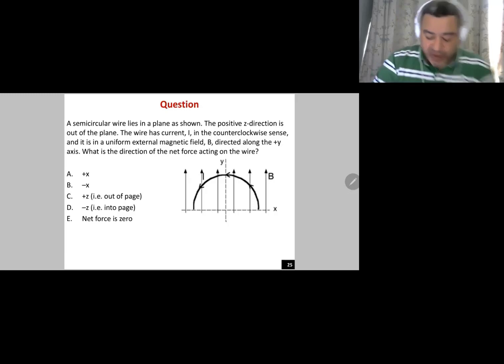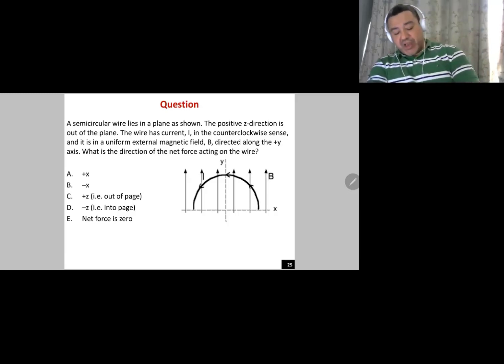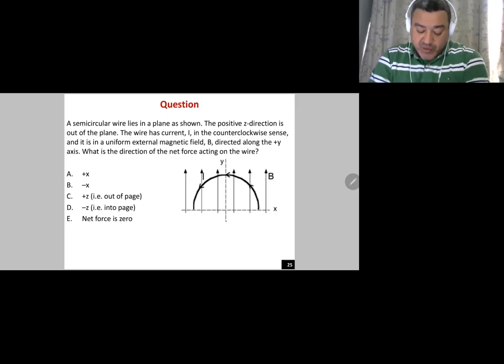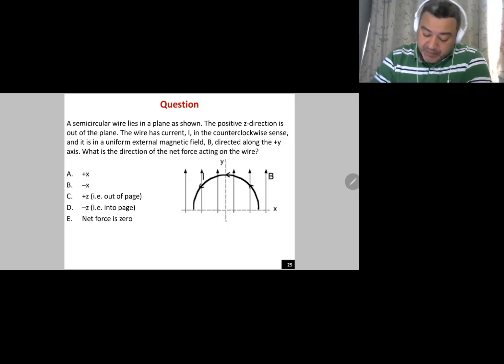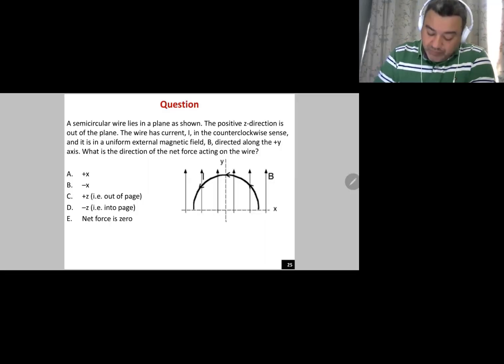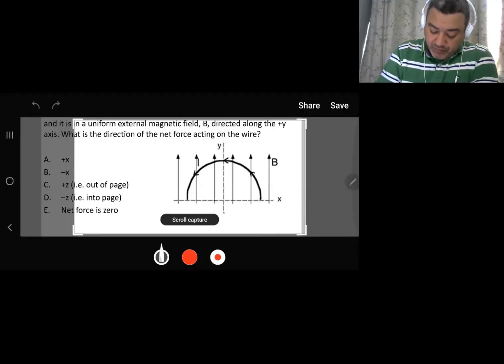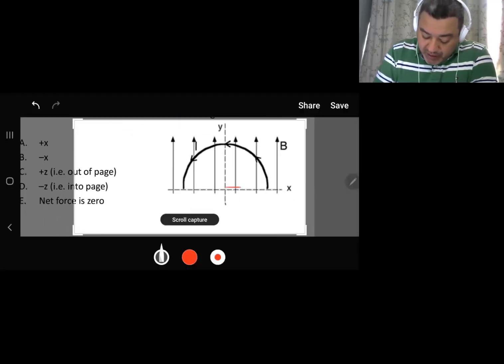Let's see how this works. In this case, as you can see, we have a semicircular wire that lies in the XY plane. The positive Z direction is out of the plane.